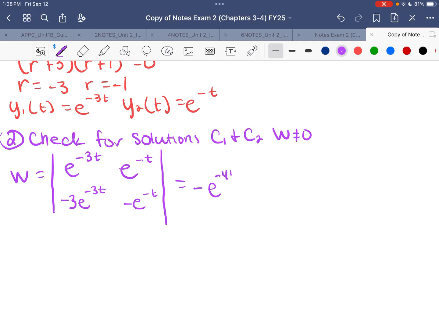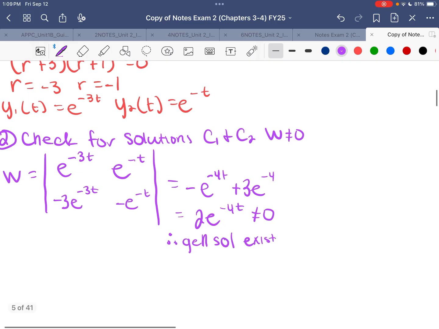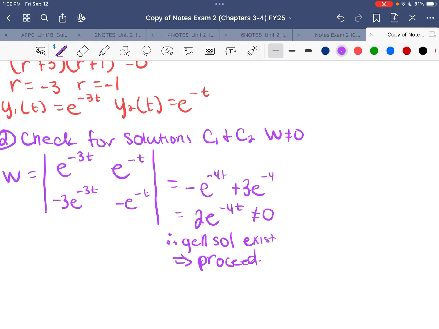Negative 4t minus negative 3 gives me 2e to the negative 4t. That does not equal 0, so a general solution exists. If you got that it equals 0, then there's no solution and you just stop.